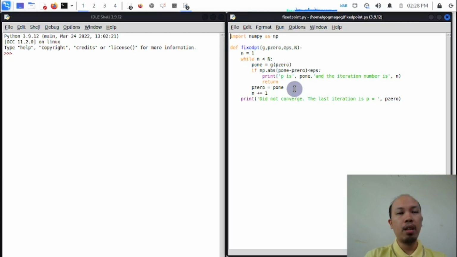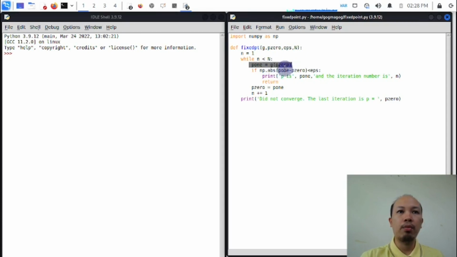The explanation is the same as in the bisection, Newton, and secant methods. This portion here is our theorem 40: p sub n is equal to g of p sub n minus 1.